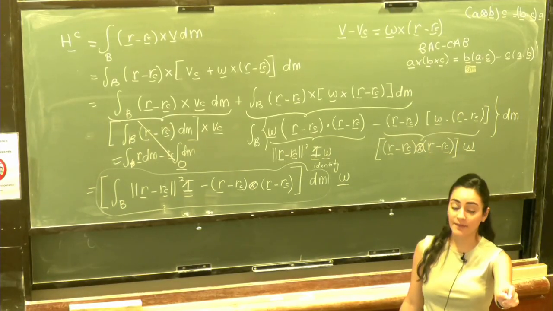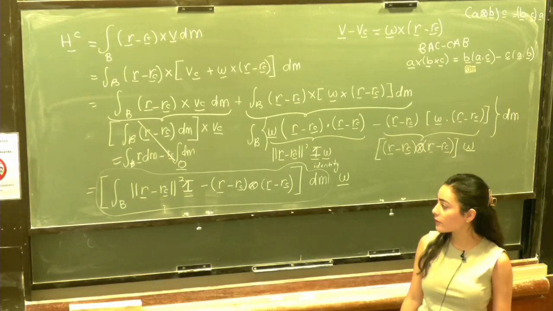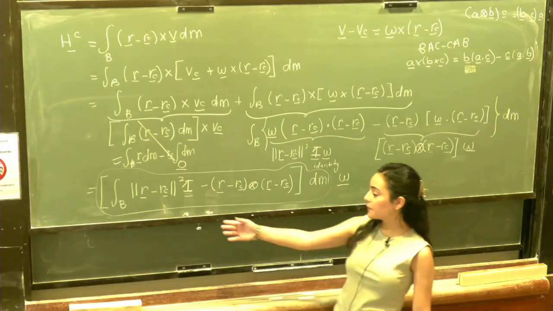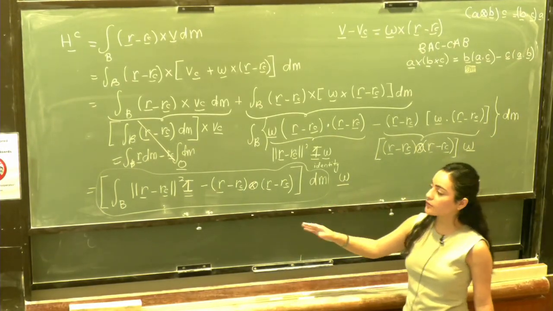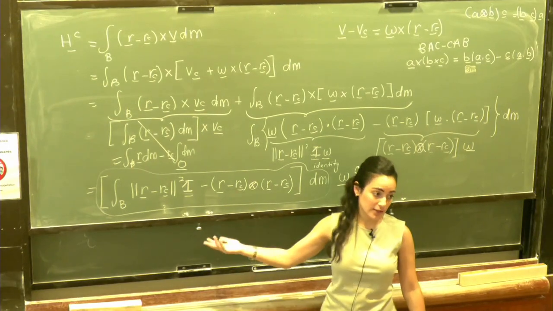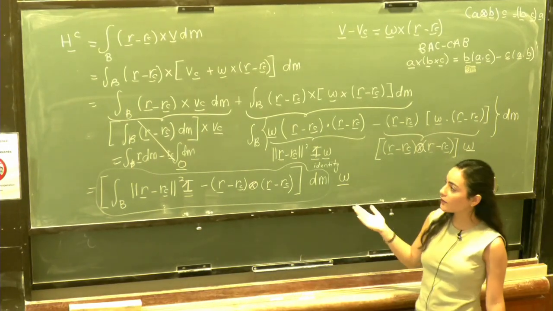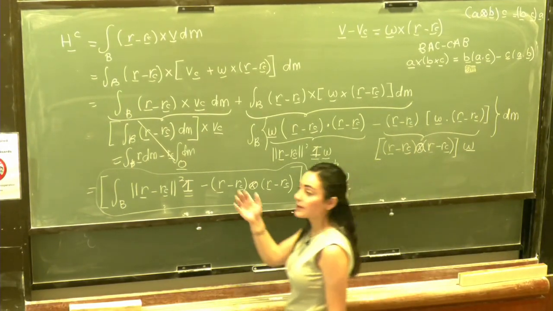Yes. What is it? It's a tensor, right? It's the difference of two tensors. It's a tensor. An integral of tensors is the sum of tensors, still a tensor applied to a vector, which gives us the angular velocity vector.